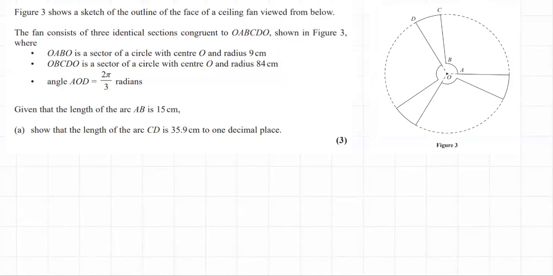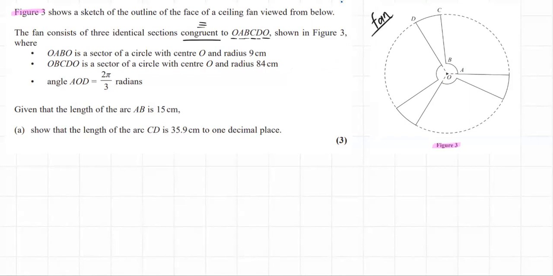Quite a lot of information is given here. This is figure 3 on the right. That's a fan. So this is a fan. It consists of 3 identical sections congruent to OABCDO. So this is this whole thing.